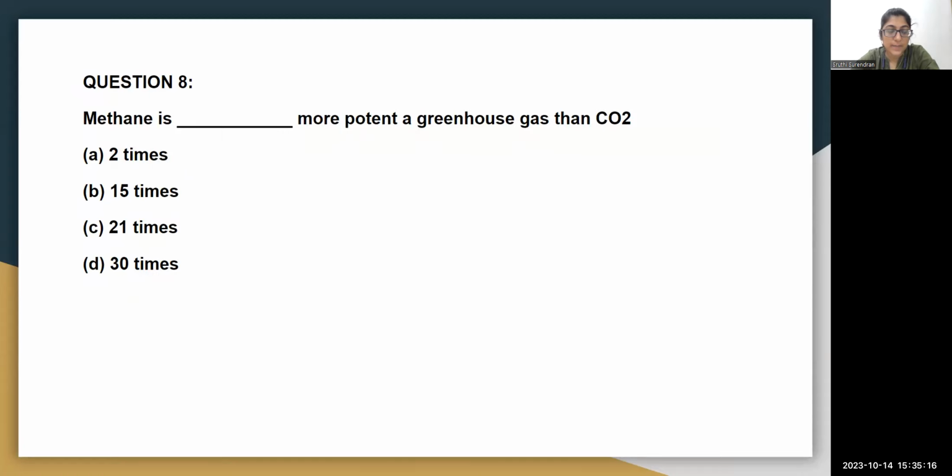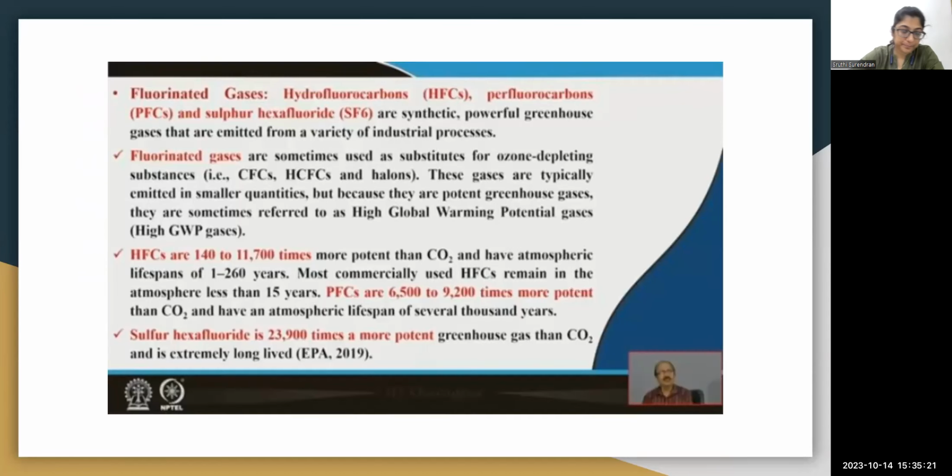Okay, so the options are 2 times more, 4, 15, and 21 or 30 times more. So let's see what potency actually means. When they say that a particular gas is this many times more potent than carbon dioxide, they are comparing the equivalency with carbon dioxide. So if you take 1 ton of methane, then it is equal to some 21 times that in carbon dioxide. So 1 ton of each of these gases is equivalent to so many more tons of carbon dioxide.